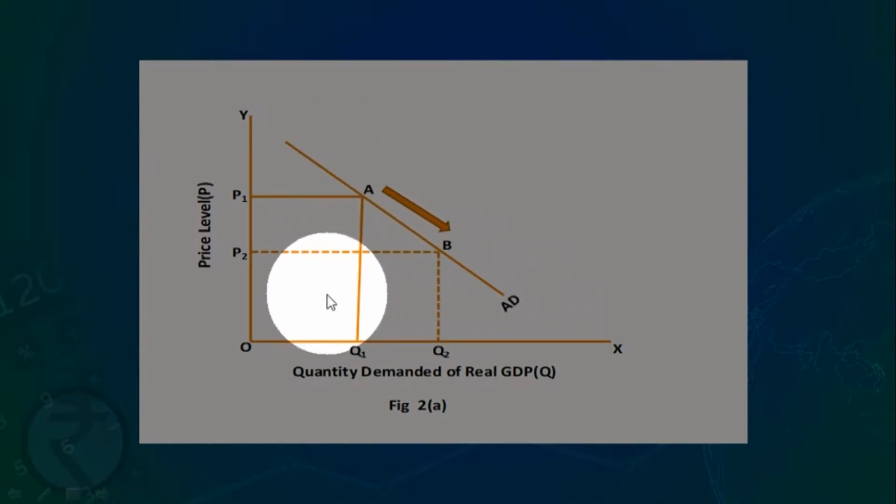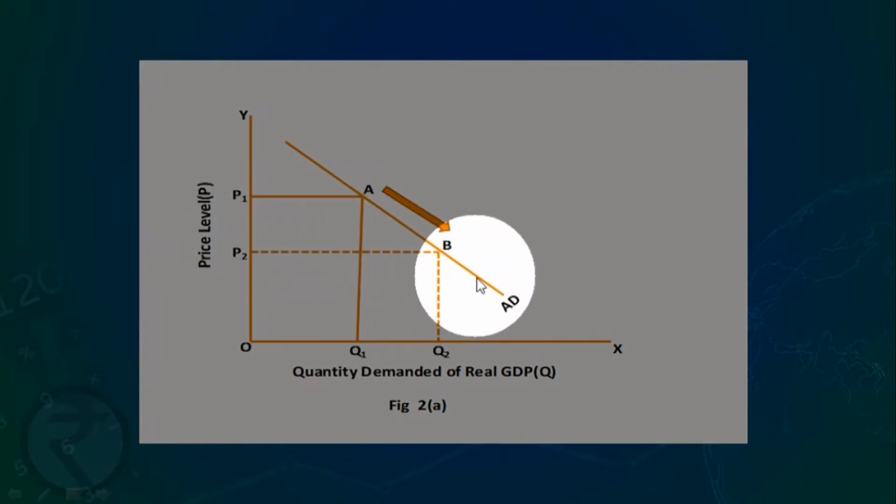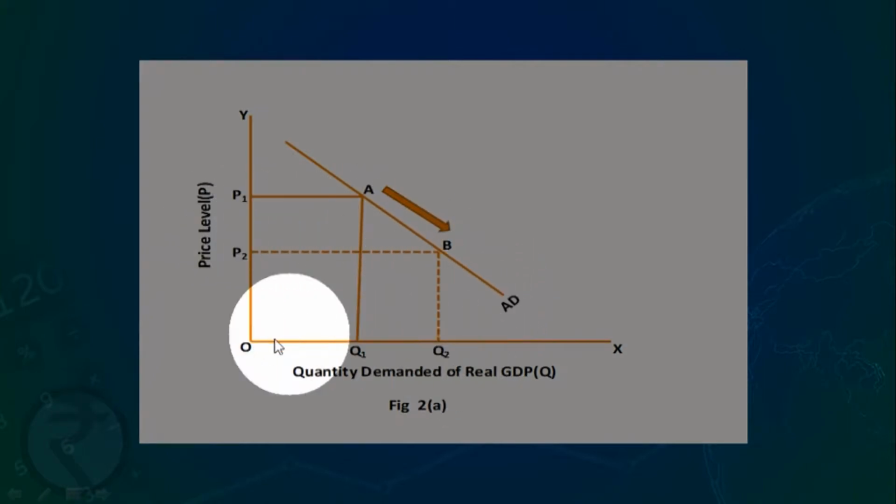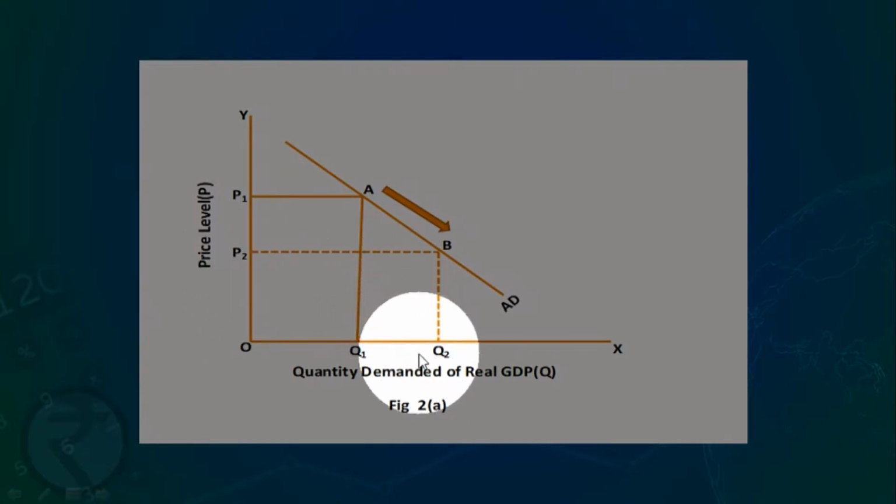Now we are looking at the effect of price level on aggregate demand. When the price level is OP1, quantity demanded of real GDP is OQ1, and when the price level falls to OP2, quantity demanded has increased to OQ2.